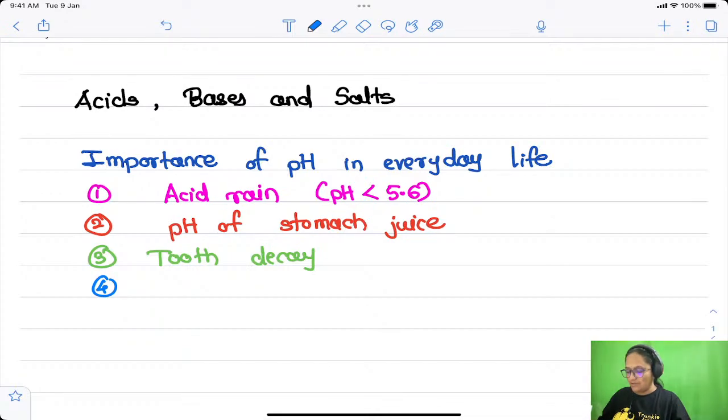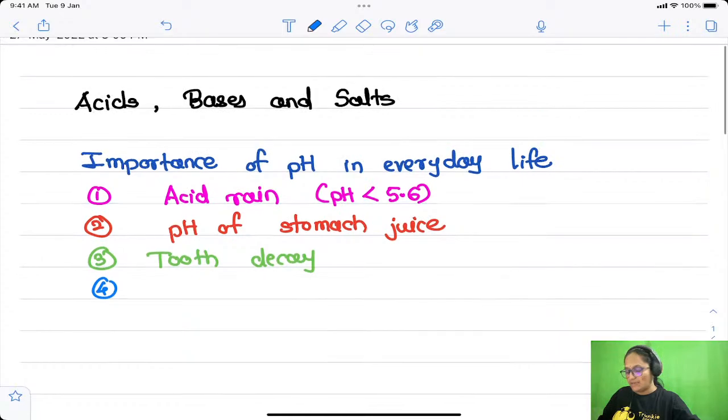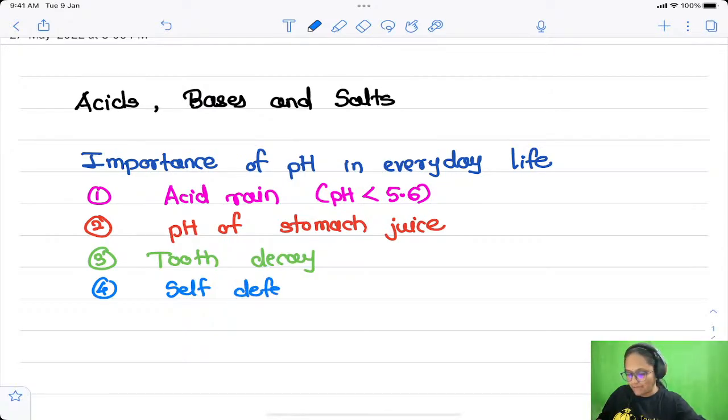For example, acids are present in some animals, like an ant bite has formic acid. So yes, that part we have discussed. So self defense in animals and plants.